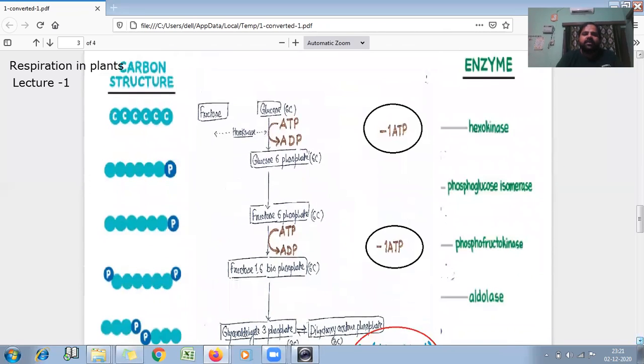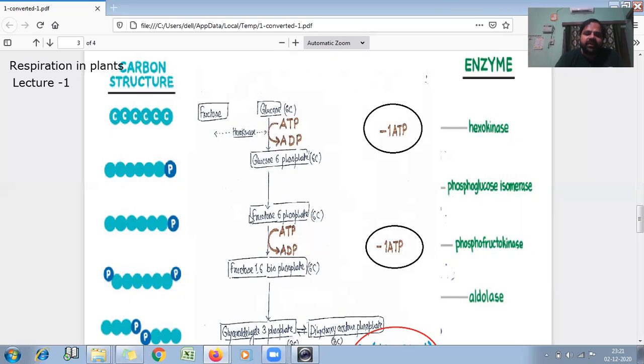We can see here that glucose has been converted into glucose 6-phosphate by utilization of an ATP. Now this glucose 6-phosphate is converted into fructose 6-phosphate by the action of an enzyme phosphoglucose isomerase.